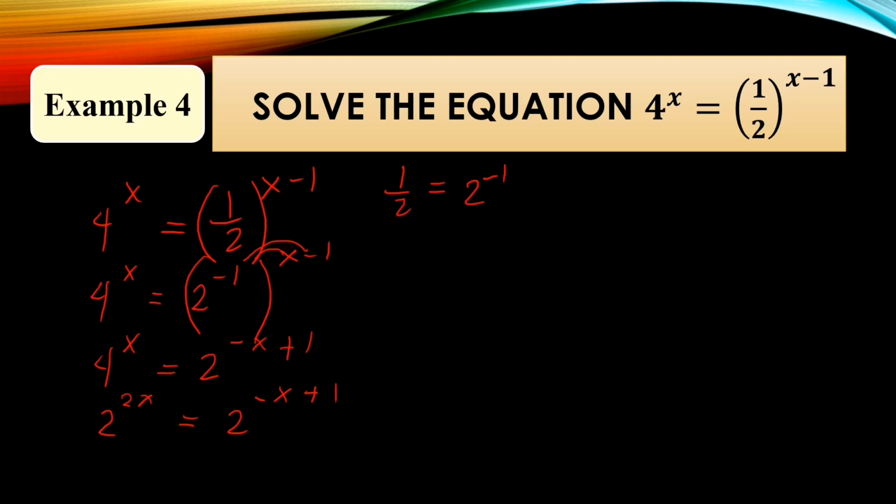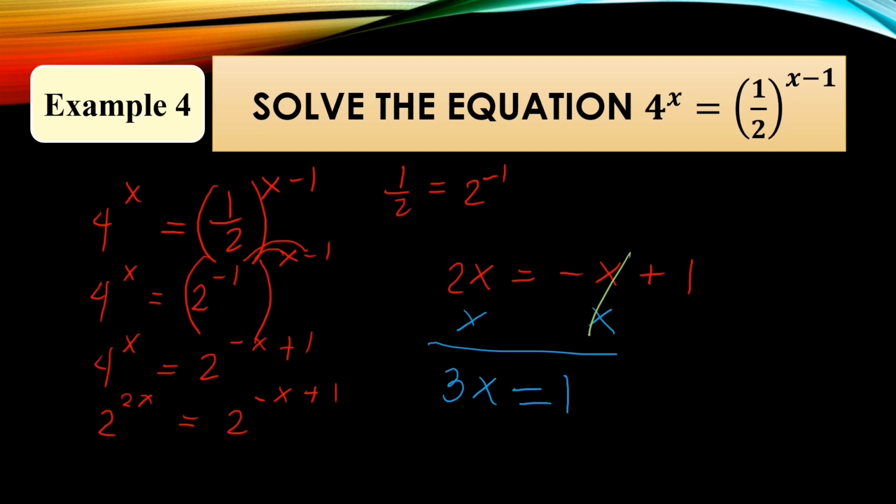Then after that, pull out the exponent. So 2x is equal to negative x plus 1. Then after that, apply the additive inverse by adding positive x to both sides. Then after that, simplify. 2x plus x is 3x, is equal to, cancel, bring down positive 1.